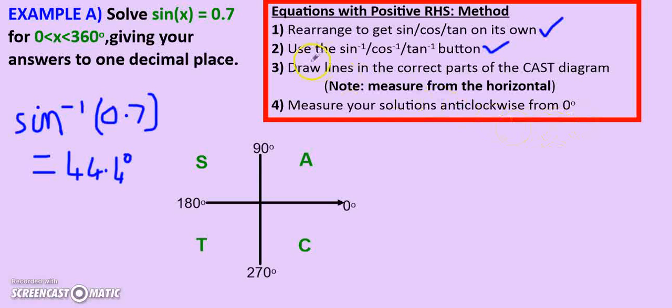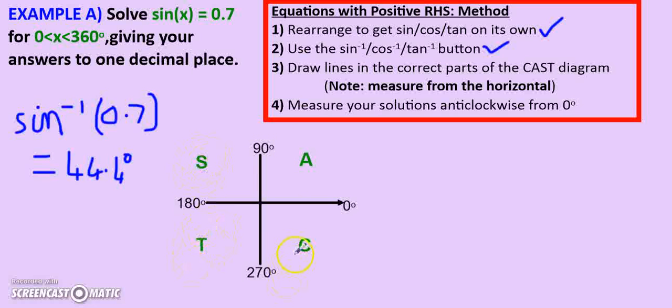Now it says to find all the solutions I need to draw lines in the correct parts of the cast diagram. Where are the correct parts? Well, 0.7 is positive, which means that value of sine x can only occur when sine x is positive. And that means we're either in the all section, where all 3 are positive, or in the sine section, where only sine is positive.